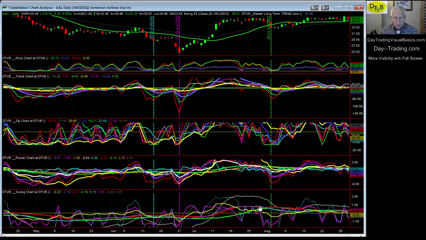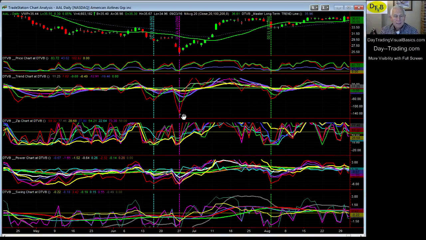For example, when it's over zero like this, it's a deep high cycle, we call it. Swing gray and power pink and power blue are the three deep cycle indicators, and they give us different information that is very beneficial.